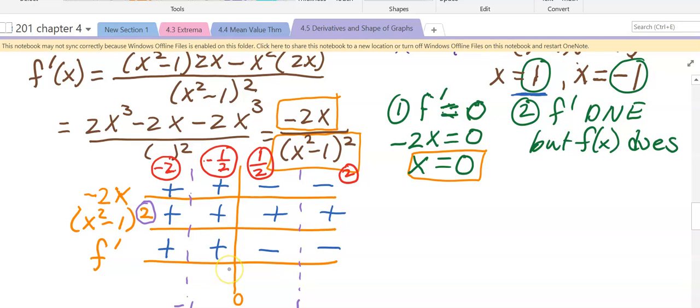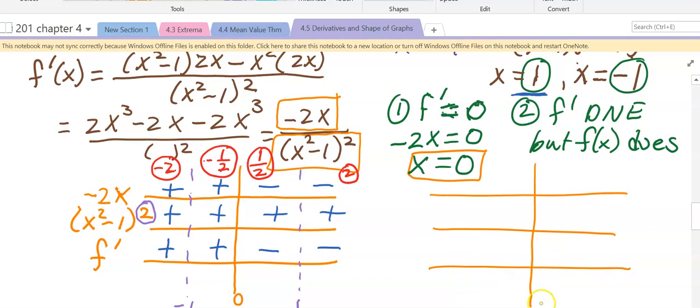In other words, if I had left it without the 1 and the negative 1, I would still want to be sure I did not choose -1 or 1 as a test point because those correspond to places where the function doesn't exist. So for my test point, I would have chosen -2 to the left and 2 to the right. I could have chosen -1/2 and 1/2 as well.